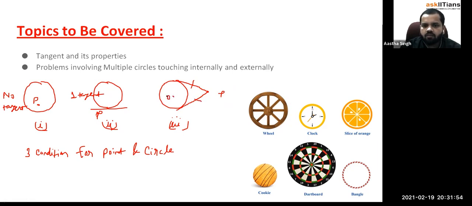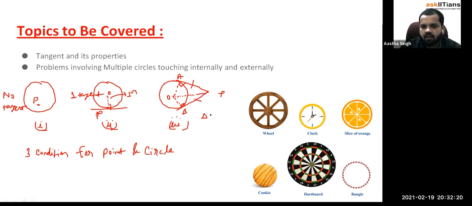Suppose this point is O, the center, and one more point is there. If a tangent is there, then the line from your center will be perpendicular to it. So let's suppose these points are A and B, your angle A and angle B will be 90 degrees.